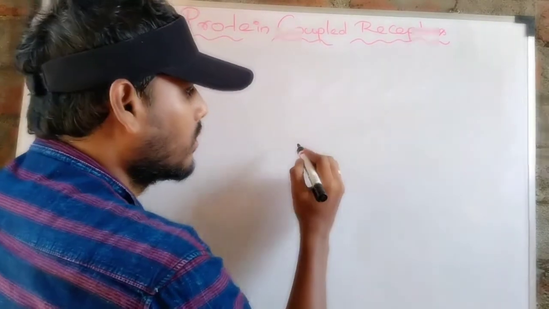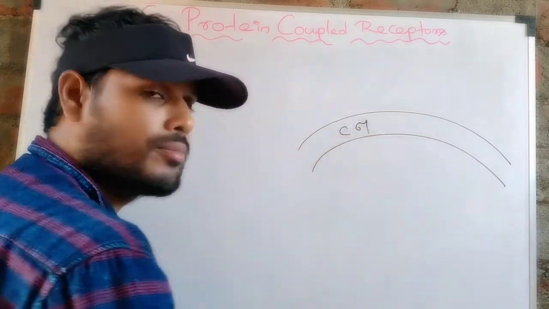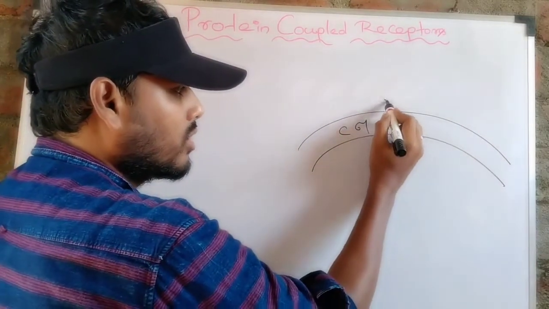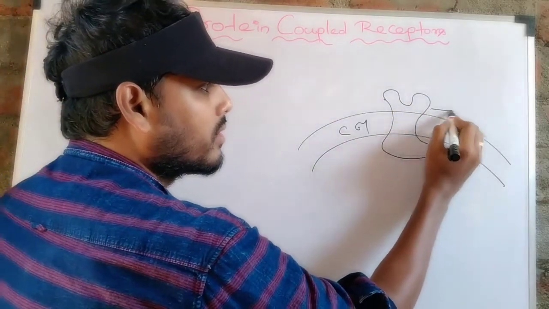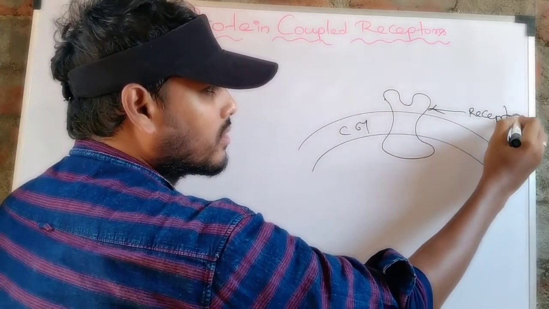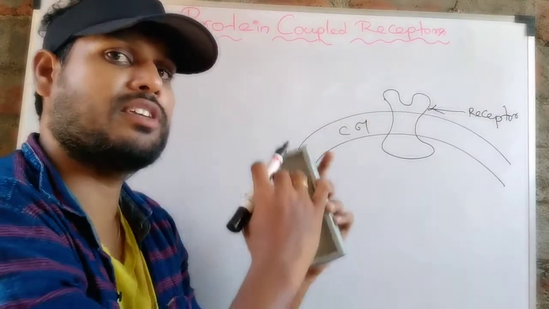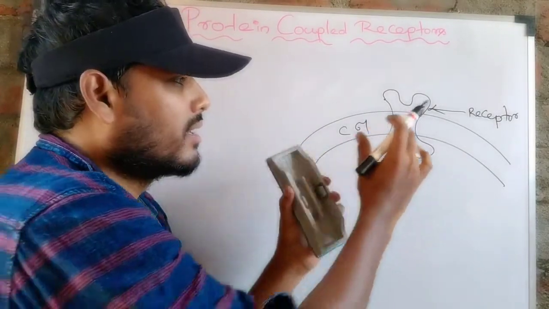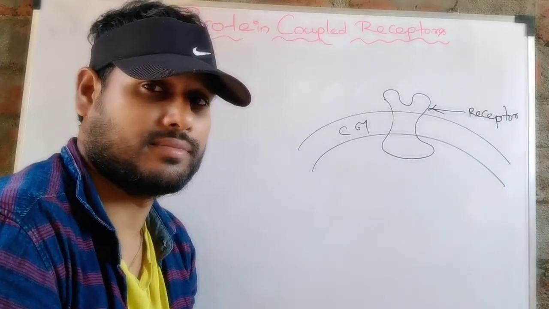Assume this is a cell membrane. I'll take one kind of receptor here. I told you that whenever receptors are activated, only then will the particular biological response occur, right?